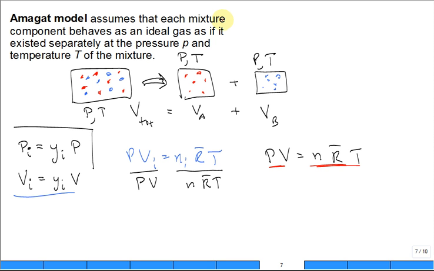So we can cancel the R bar T's, the pressures, and we find that Y sub i is equal to V sub i divided by V. Or rewrite it just like this. So what we have is the partial volume, or the volume fraction, is equal to the mole fraction for ideal gases.